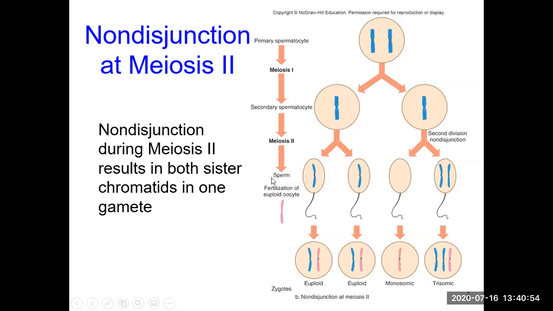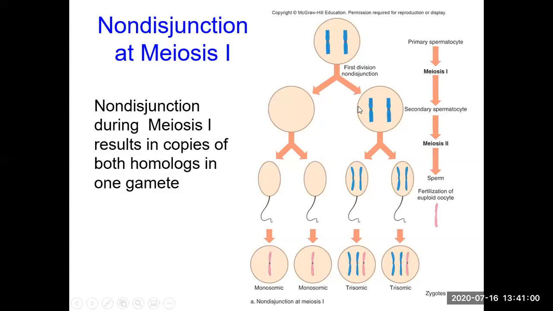Now let's look at, this was non-disjunction at this stage. What if non-disjunction happens even before? So if it happens in the meiosis 1 stage, this cell was supposed to give 1 homologous chromosome here and the other one here, but the cell did not do that. There was a mistake. This cell did not get any homologous chromosome. This got both. Now, when this is dividing, these two sperms are not getting anything.